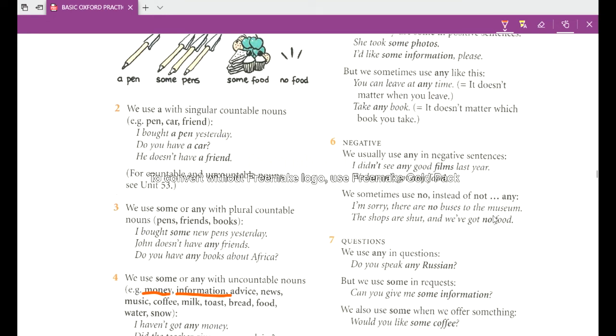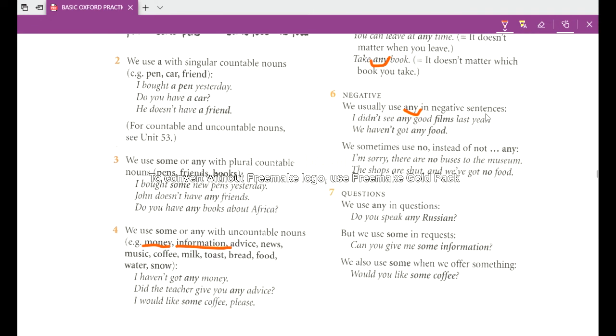I think it is clear. Remember about any, remember about some. Okay, some for positive. Don't forget about any in the way I explained it here. In this case, we consider it as positive, but the meaning you have here, don't forget about this.